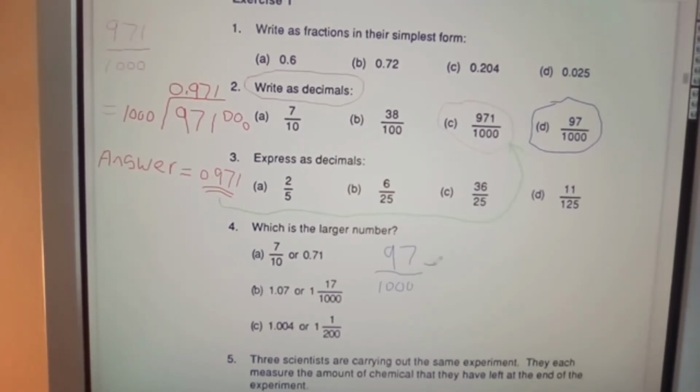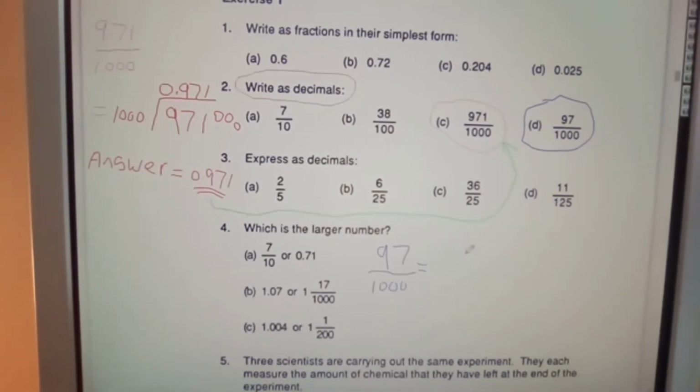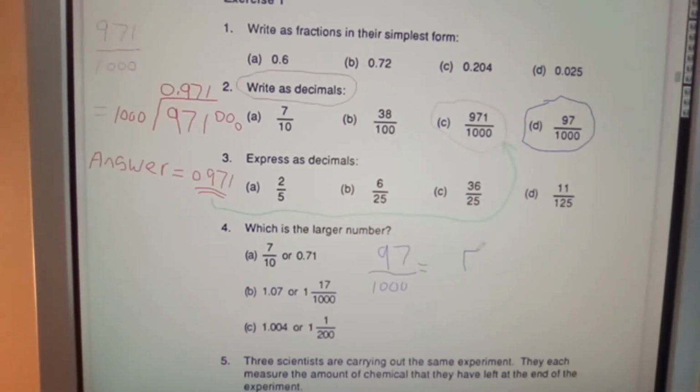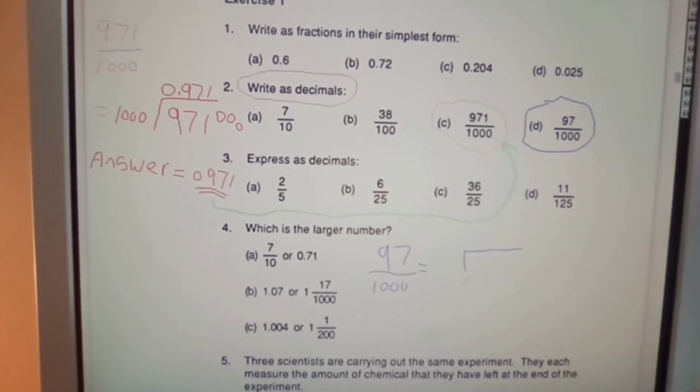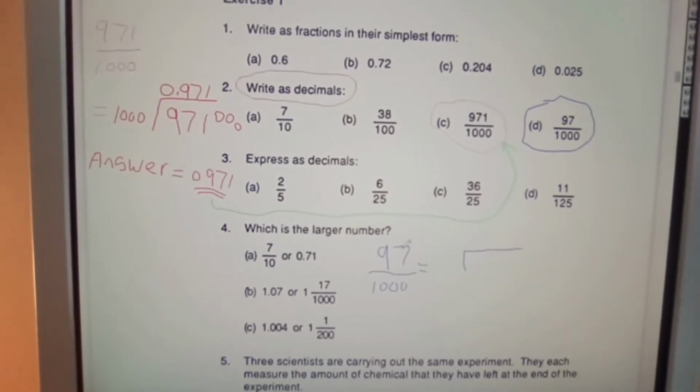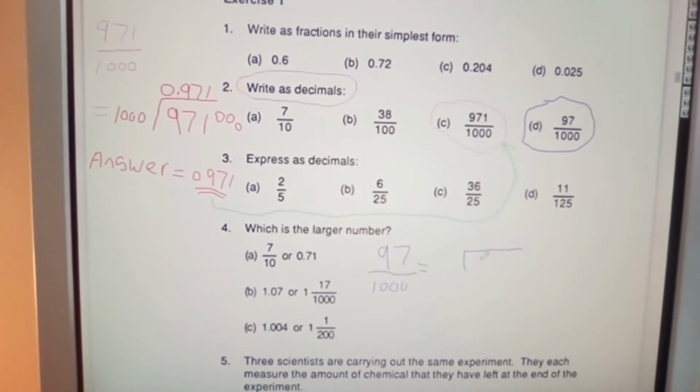Equals, here now again, what am I going to do? Put in my bracket, okay? Alright, so that's 97. And again, numerator, denominator, okay? So it's 97.